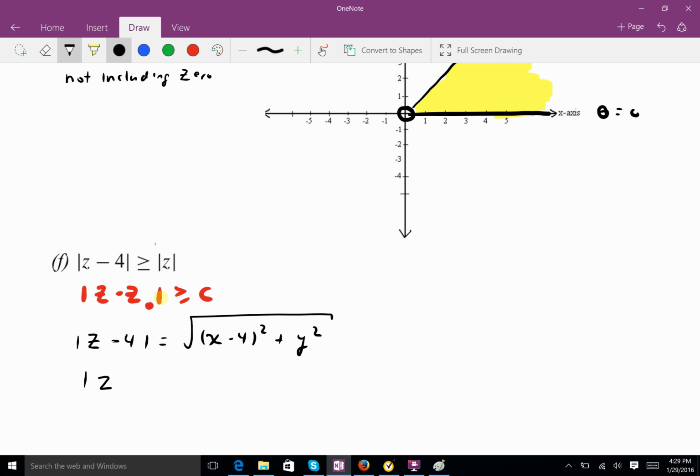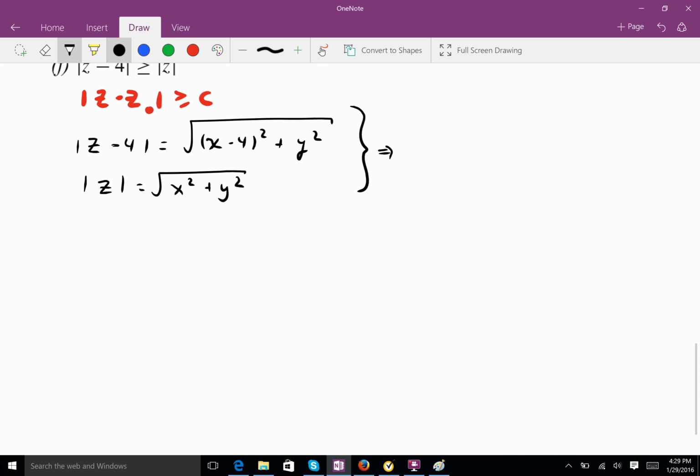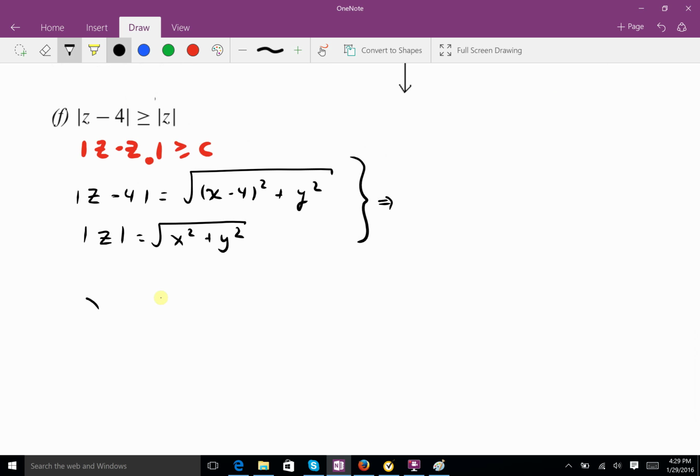And we know that the absolute value of z is just equal to the square root of x squared plus y squared. So our inequality tells us that we're looking at the x and y that satisfy this equation.